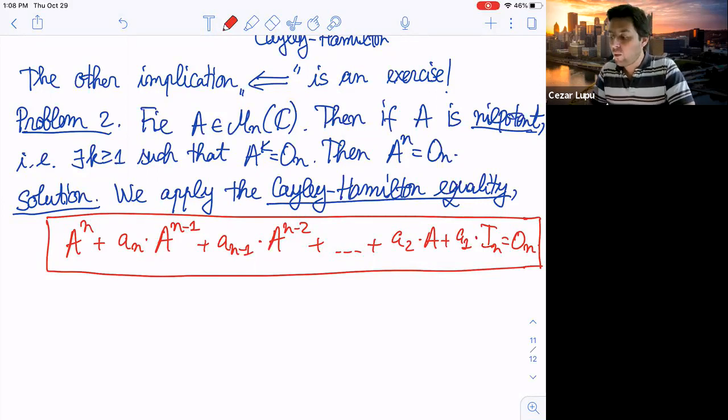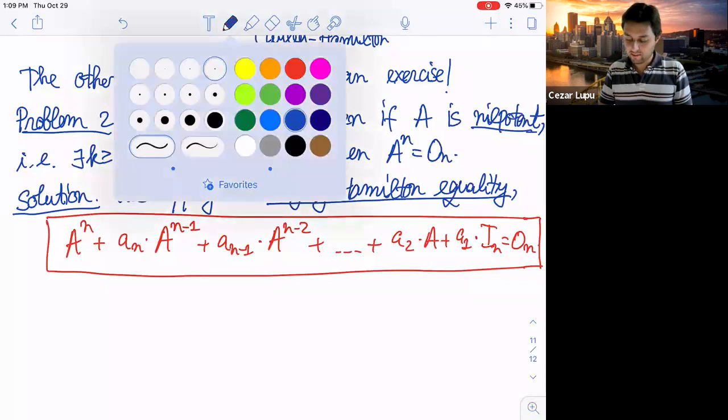All right. So now we want to show that A to the power n is 0n. And we know that there exists a k such that A to the power k is the null matrix. Let's point out this remark.